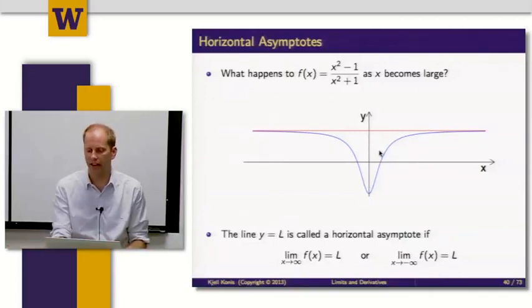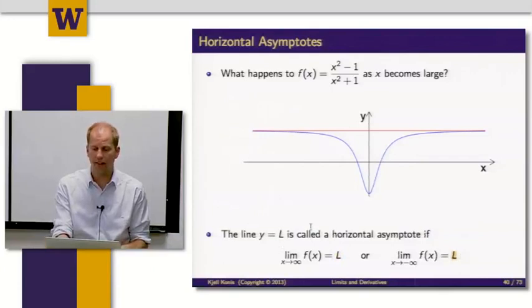That doesn't necessarily have to be the case. So this L here doesn't necessarily need to be the same as this L here. And so this line is called a horizontal asymptote if the limit as x goes to infinity is equal to L, or if the limit as x goes to minus infinity is equal to a different L.